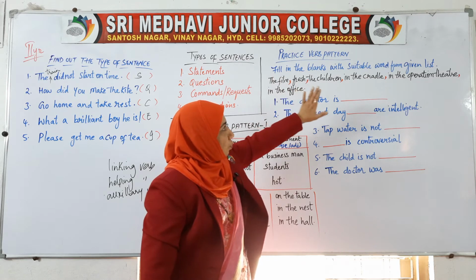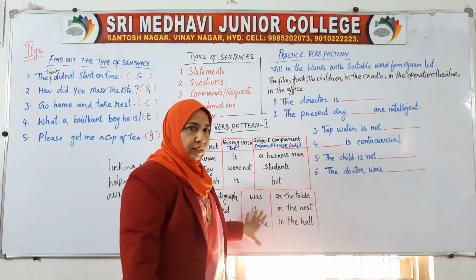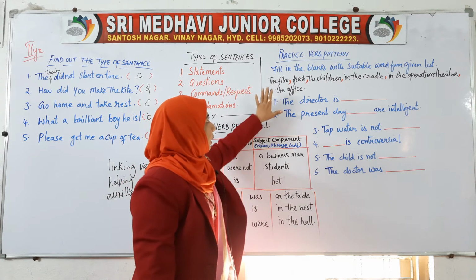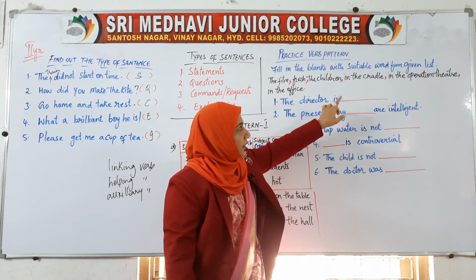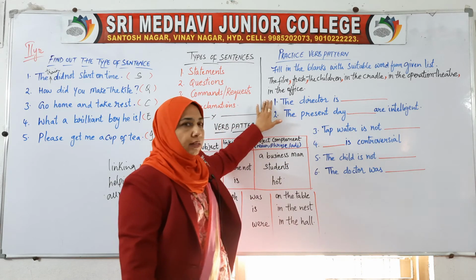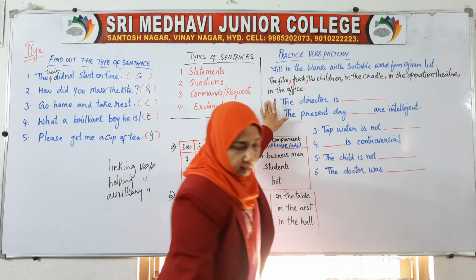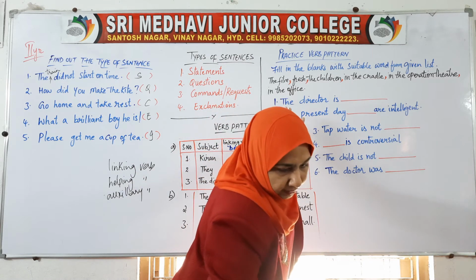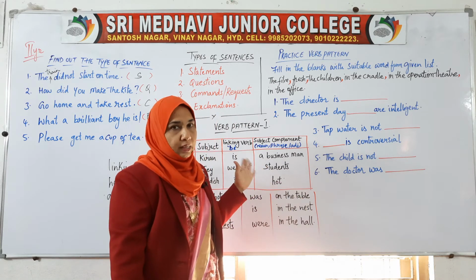Fill in the blanks with the suitable word from the given list to make sure that we are following this type of the pattern. The film, fresh, the children, in the cradle, in the operation theatre, in the office. You can find this on page number 108 or 109 in your study material.